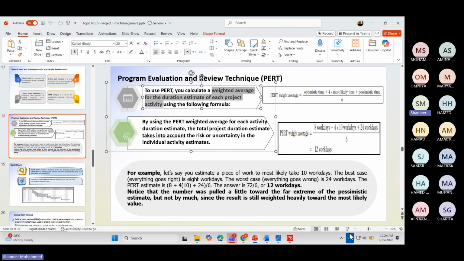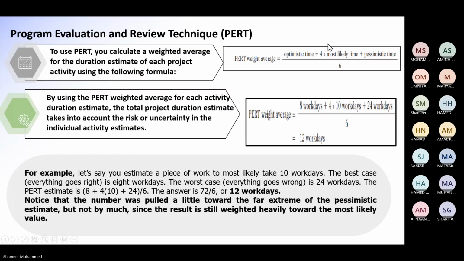So what is the formula here? Optimistic time plus 4 multiplied by most likely time plus pessimistic time, then divide by 6. So this will give you the weighted average duration for a particular activity.